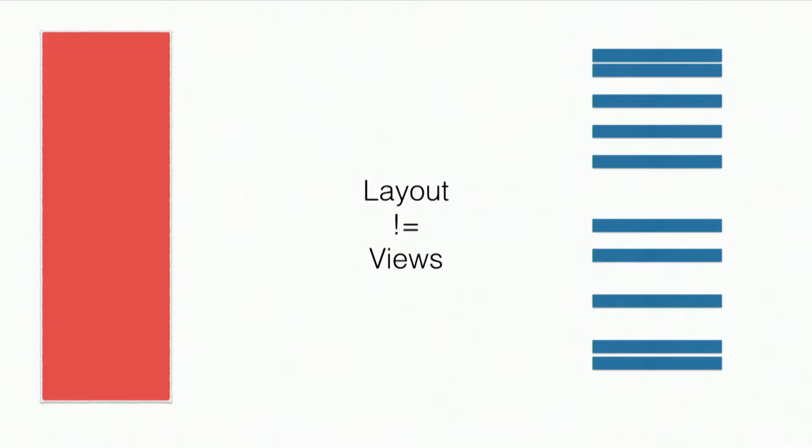It's that layout should not be related to your view hierarchy. It should not be, because if you completely intertwine the layout rules with your views, well, you tangle them together, right? Which goes back to what I was saying earlier about the difficulty of changing it.